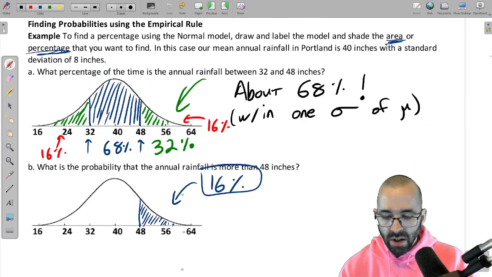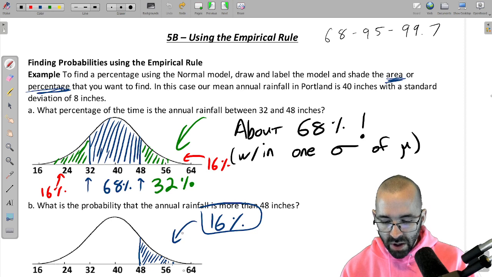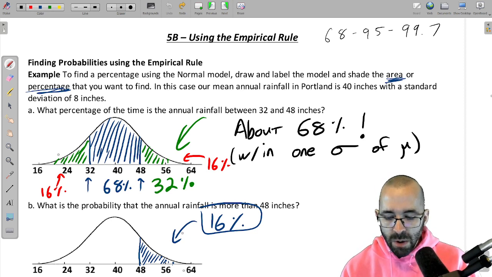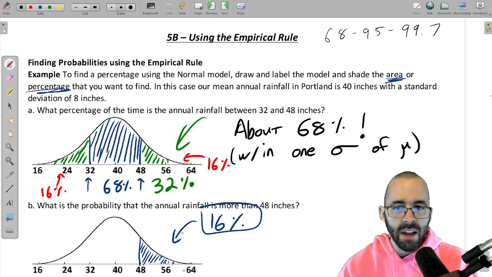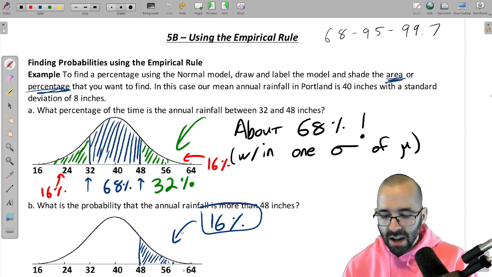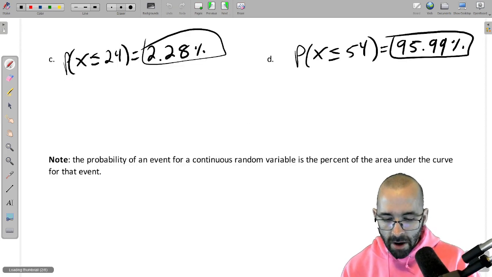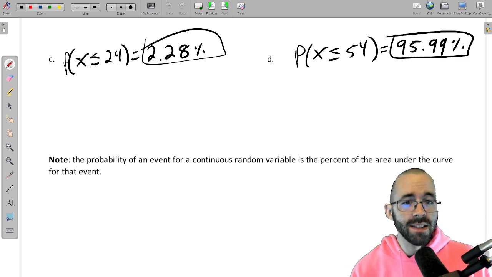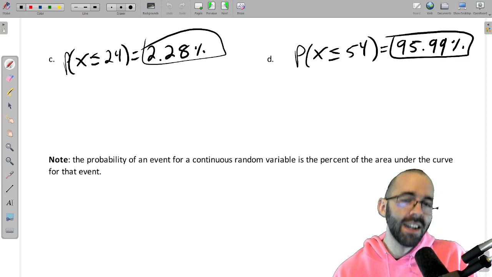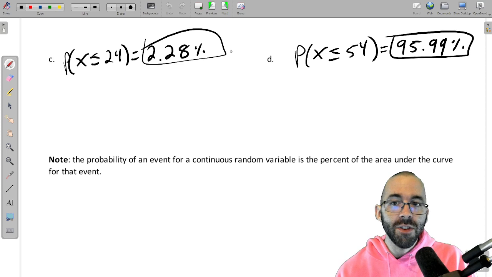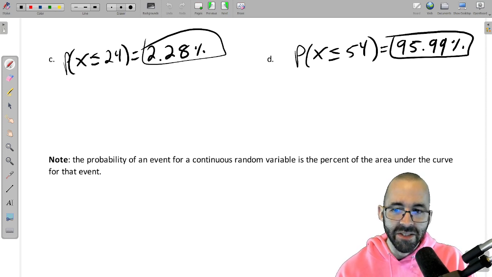When green is 32%, that means the probability of being in that region is 32%, but it also means that that green area is 32% of the total area under the curve. That's related to the concept of integrals in calculus, which we are not going to talk about. But if you have heard of them, there it is.